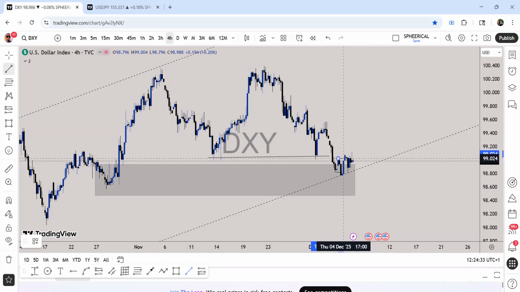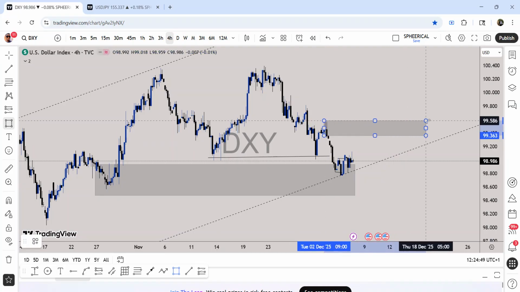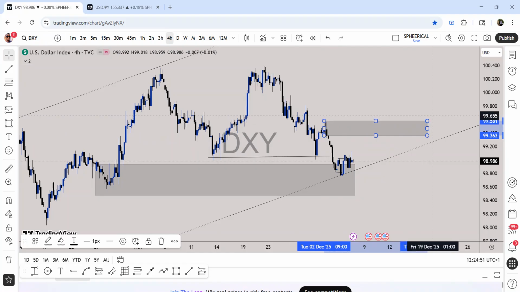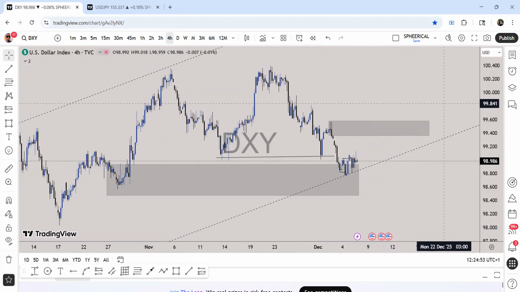You can see it, and the market has tested the demand and is about to move up. I hope it is targeting at least coming up to this zone, which is the supply zone. So we're expecting this market to come up to here.